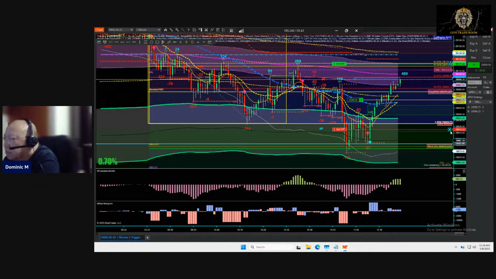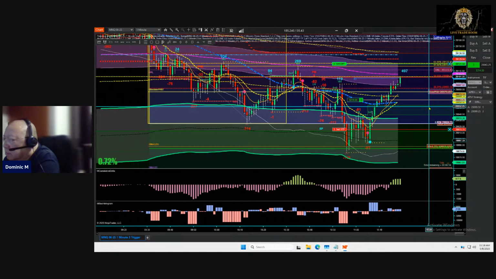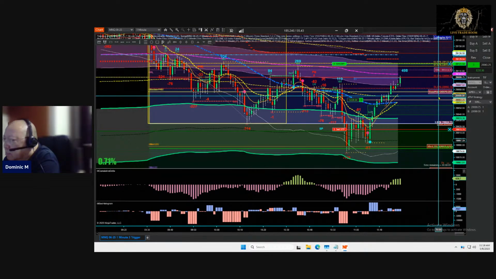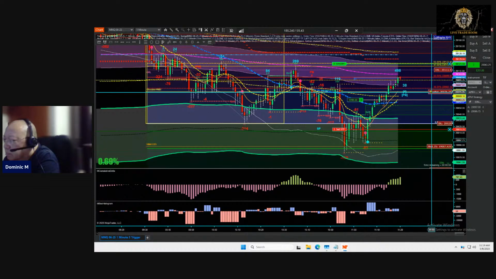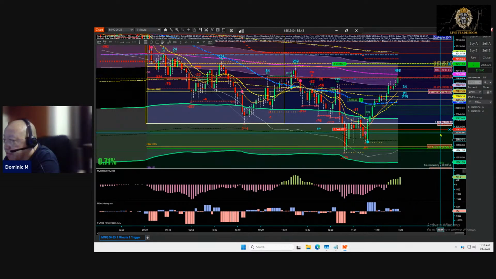There we go. Target filled. So it closed above there, above the pivot. So this is good.